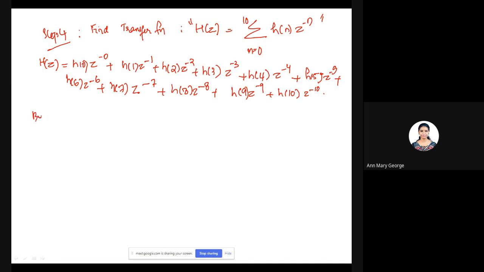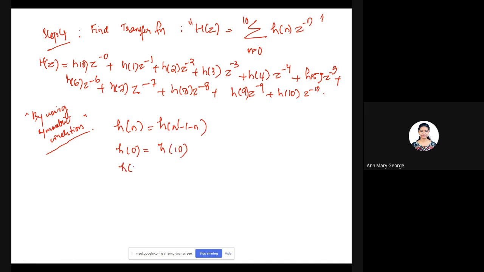By using the symmetric condition we can write h(n) as h(N minus 1 minus n), and from this we can replace h(0) equal to h(10), h(1) equal to h(9), h(2) equal to h(8), h(3) equal to h(7), and finally h(4) equal to h(6).